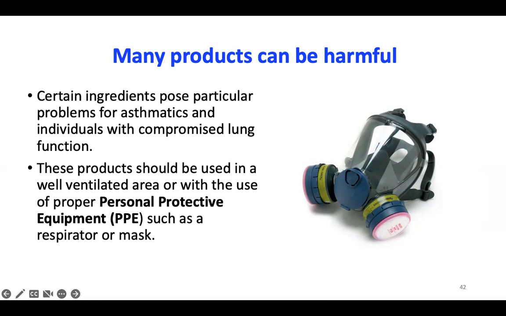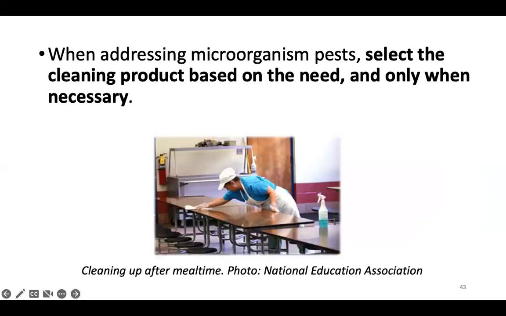So when that happens, those products should be used in a well-ventilated area, or with the use of proper personal protective equipment, PPE, such as use a respirator when you are dealing with dust cleaning, or masks, and follow the labels for the PPE.